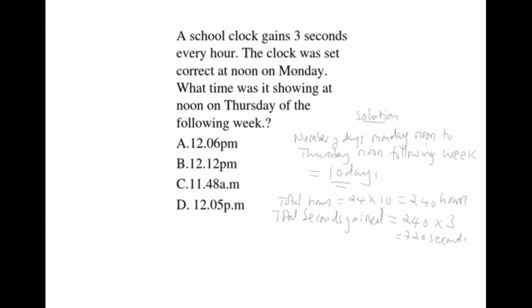Then let's change the 720 seconds to minutes. We know that 1 minute is 60 seconds. So this one will give us 720. We divide by 60. So we divide this 0 by this 0, by 6, 1 by 6. In 72 we get 12. So the clock gains 12 minutes.